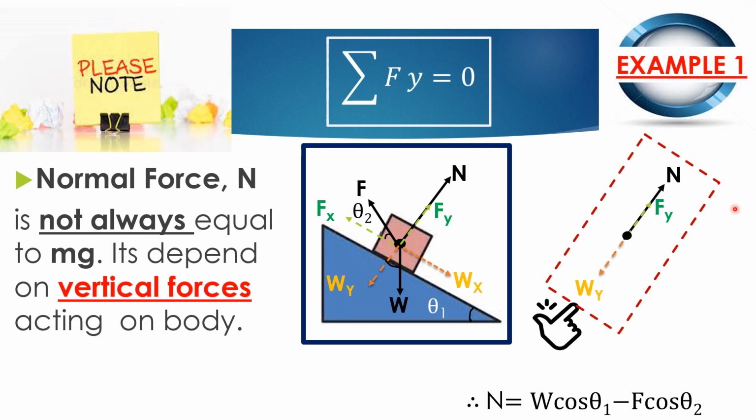When the summation of forces equals 0, from this figure, we look at the vertical component for this object. We have normal force, Fy, and weight y. When we resolve this formula, we get that the normal force equals weight cos theta minus F cos theta.